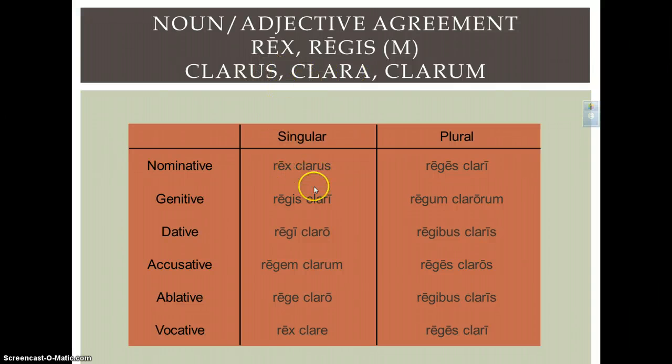So rex clarus, regis clari, regi claro, regem clarum, rege claro, rex clare. Vocative: oh, famous king. Reges clari, regum clarorum, regibus claris, reges claros, regibus claris, reges clari.